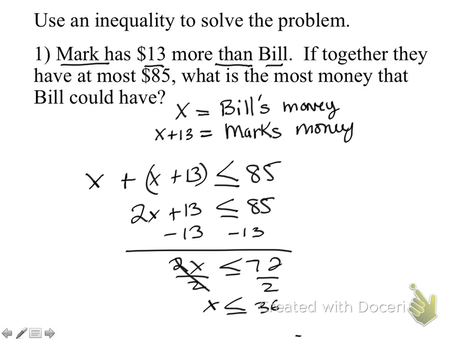With inequalities, the most important item is that you are paying attention to your ending and what the question is actually asking. So it says, if together they have at most $85, that would mean he has 36, because he's X. And then for Mark's money, we're doing 36 plus the 13, and that would make $49.